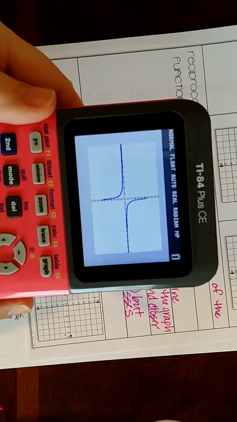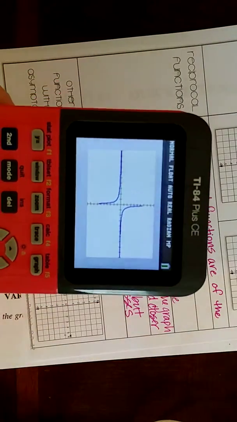Isn't that interesting? Okay, so what we have formed here, let's hit second table and check out some guiding points. Okay, we've got -1, -1. Okay, we've got 1, 1, 2.5, 4.25.